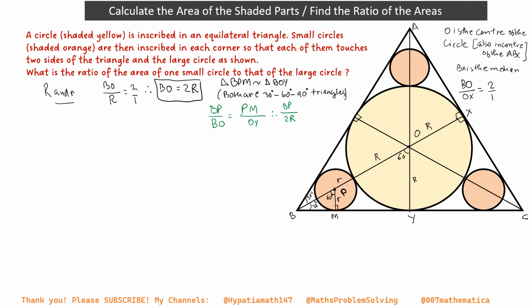So BP out of twice R, did I get it right? Yes, because I said BO is twice R, so BP out of twice R is PM, which is small r, out of OY, which is again capital R. So you see you can get what BP is from here. Therefore, BP equals twice small r.